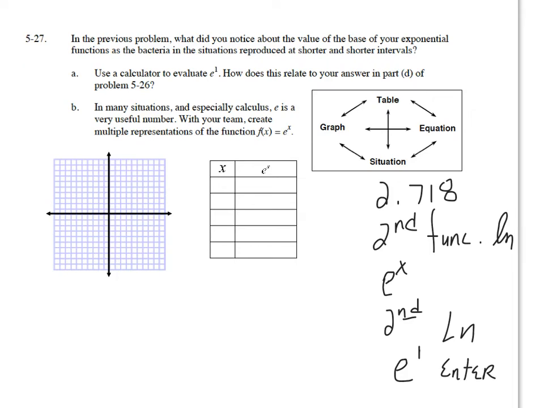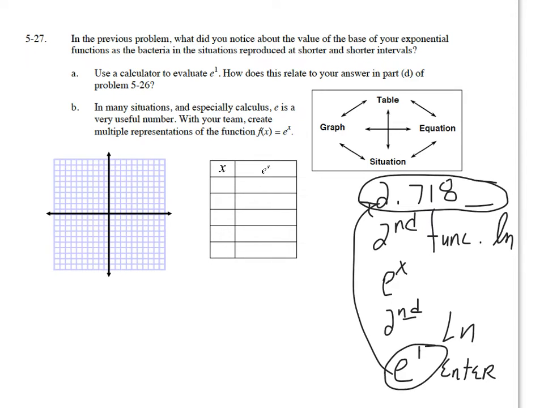And what you should get on your screen is a decimal of 2.71828, so on and so forth. So this is what we call compounding continuously, and it is the same value as this E.